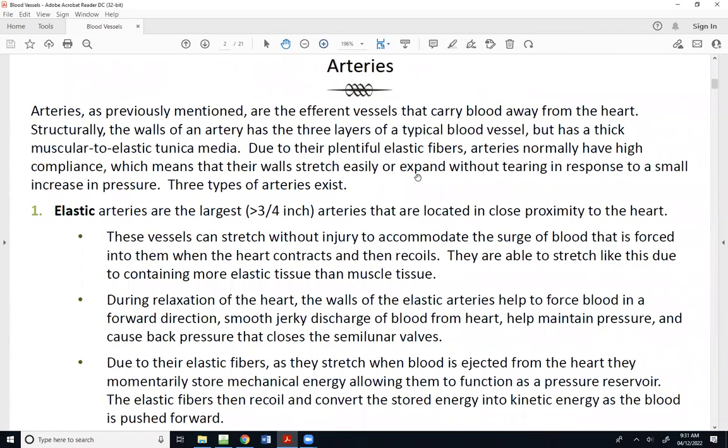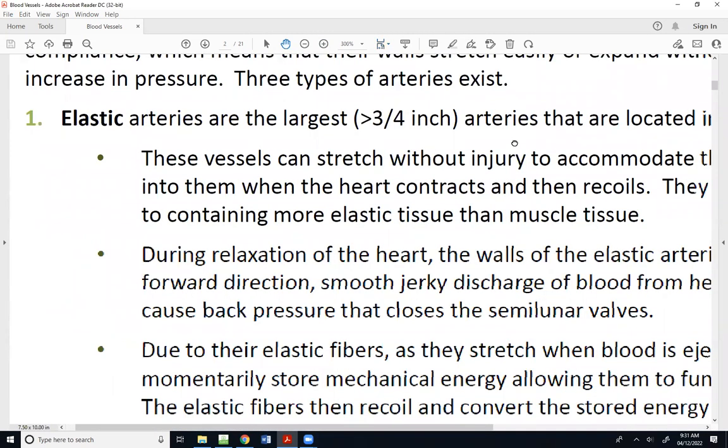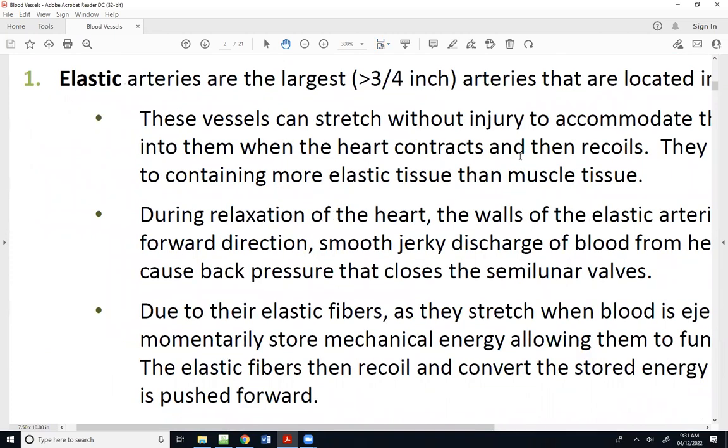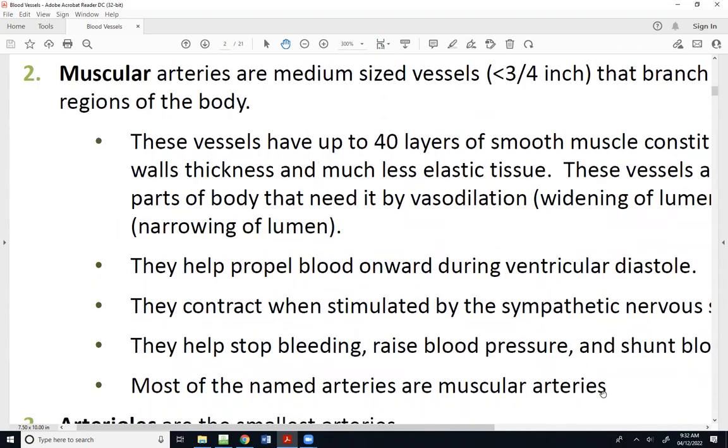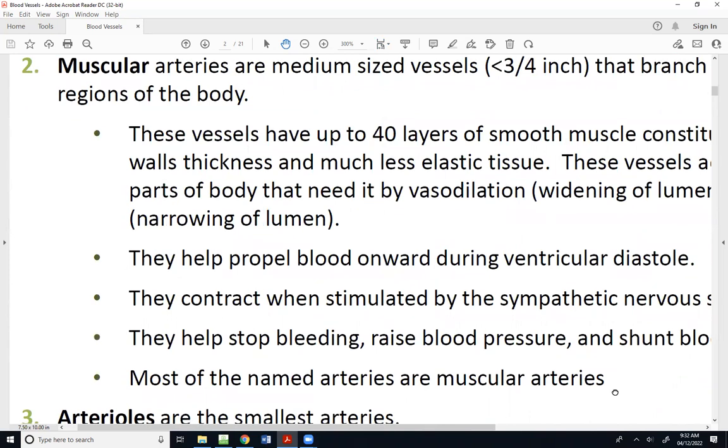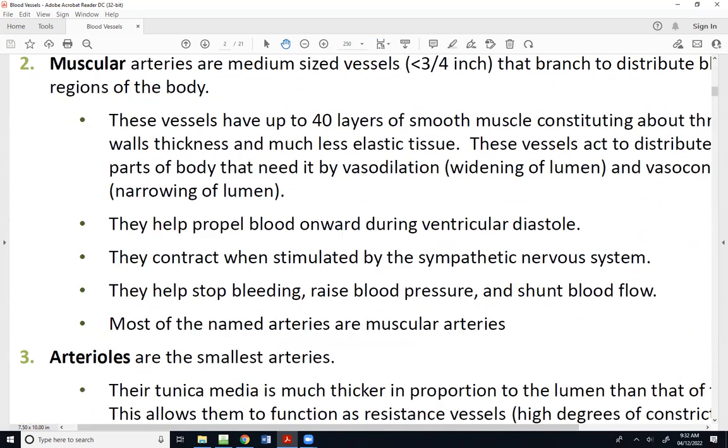What we're going to do now is talk about the different types of arteries, capillaries, and veins that we have. Starting with arteries, the three major types include elastic arteries, which are the largest, and then muscular, which are obviously very muscular, but those are medium sized. And then the smallest are our arterioles.